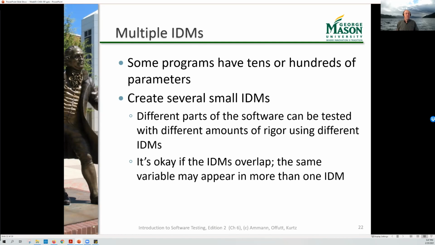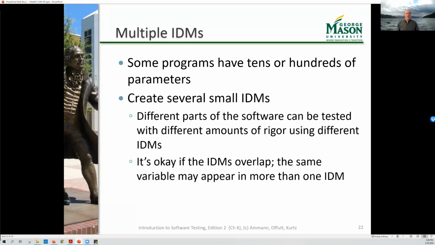So you can have multiple input domain models. If you're looking at a program or a system, it might have hundreds, it might have thousands of parameters overall. Probably the best approach is not to say, I'm going to create an input domain model that contains everything, right?